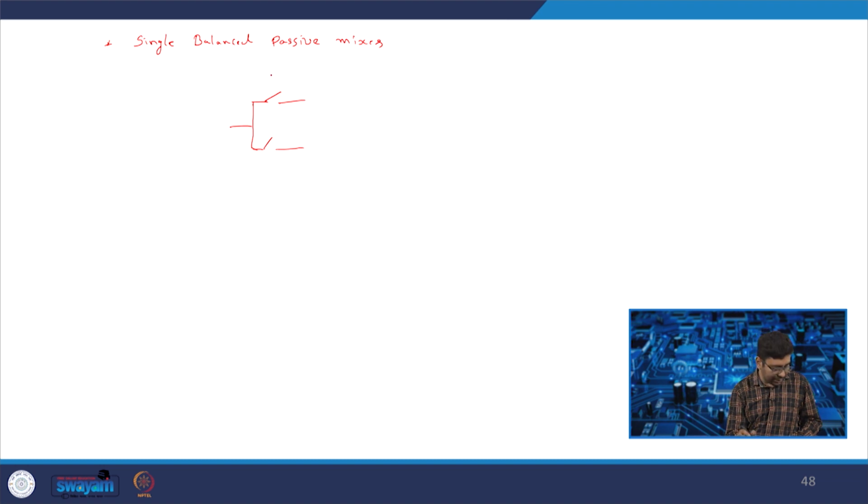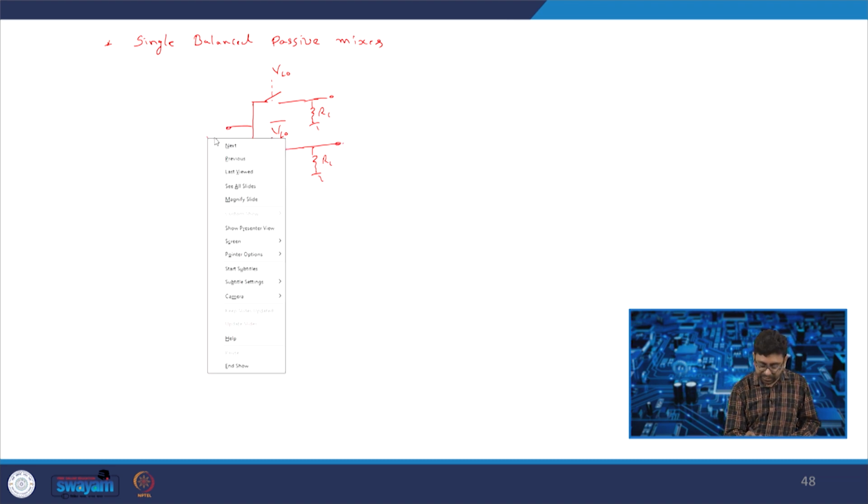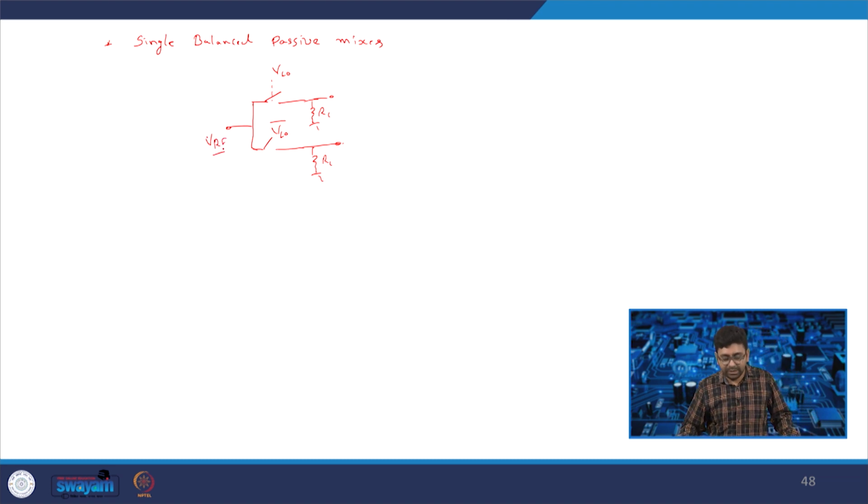Here there is a VLO and here VLO bar, and there is a RL. This is VRF. So this is a single balance version of the passive mixer where RF is the input and VLO has a differential input. The gain for the same is 2 by pi.